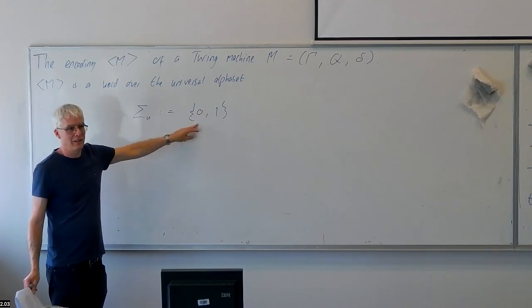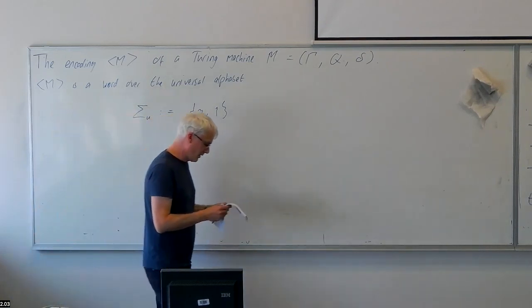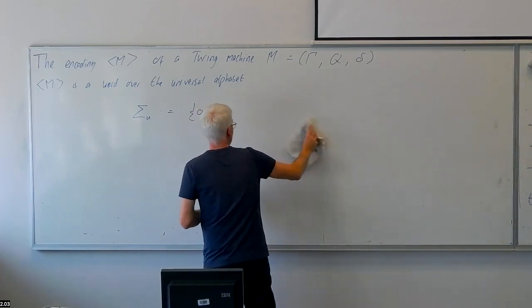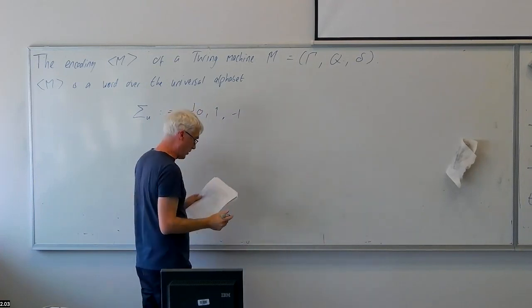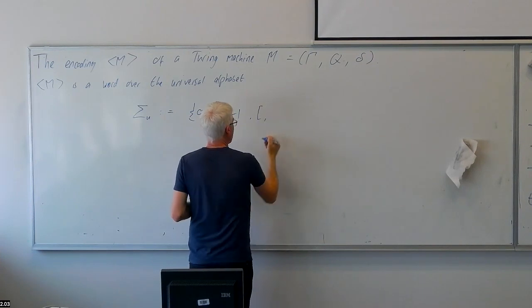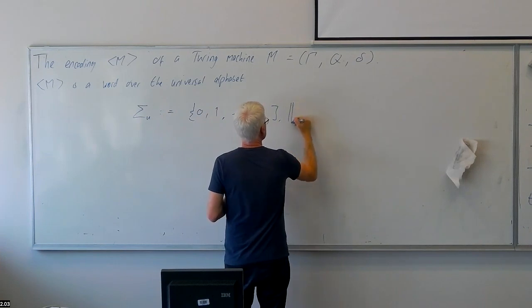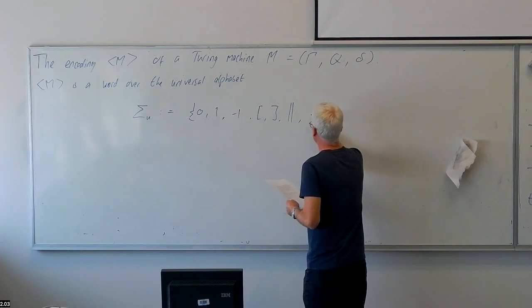However, that would make it pretty unreadable what's going to follow. So rather than using binary words, I'm still going to use 0 and 1. I'm also going to give myself a -1. I'm going to give myself an open square bracket, a closed square bracket, the double bar we've already used, and a bullet. What LaTeX calls a bullet.